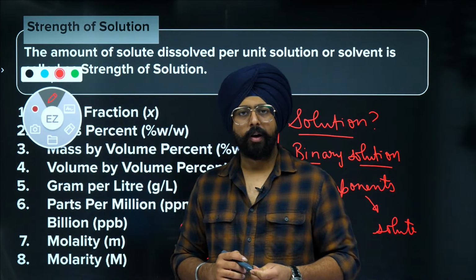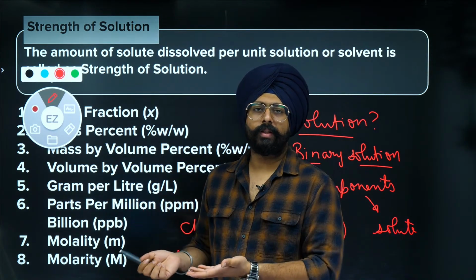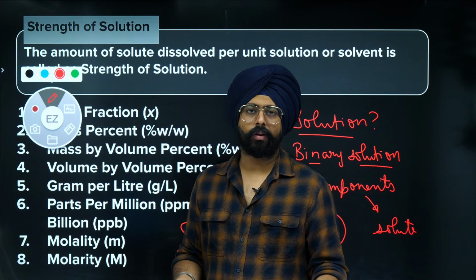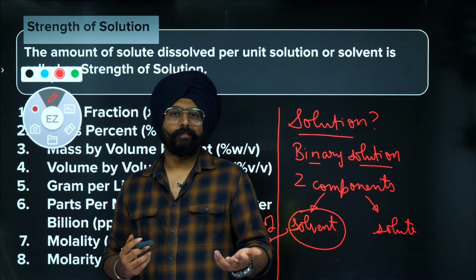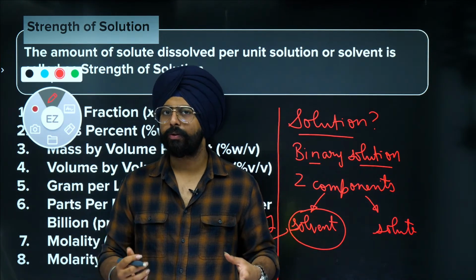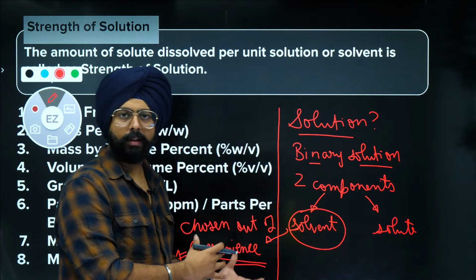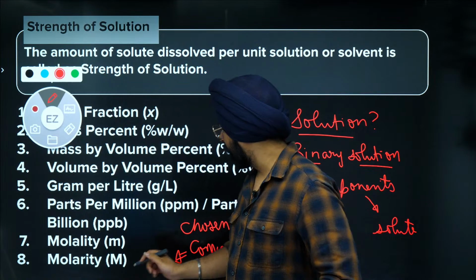Most of the times, obviously the substance that is present more will be the solvent for easier calculation, right? But it's not necessary for you to choose the solvent which is present in higher amount. You can choose it based on convenience.